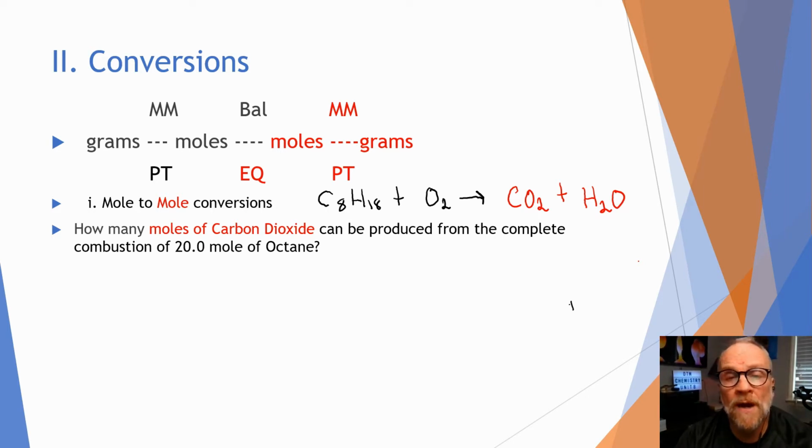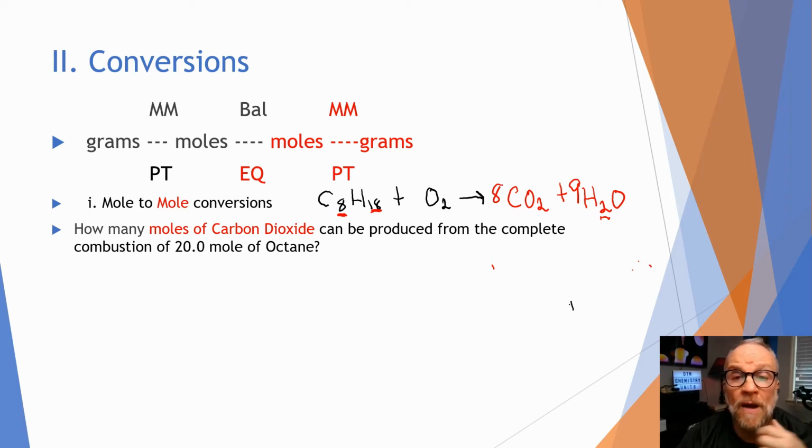Remember, in combustion reactions, we always balance carbon and hydrogen first and leave oxygen to the end. So if we have 8 moles of carbon on the reactant side, we'll need to put an 8 here to get us started on our product side. If we have 18 moles of hydrogen in the reactant, 9 times 2 will give us 18 moles of hydrogen here.